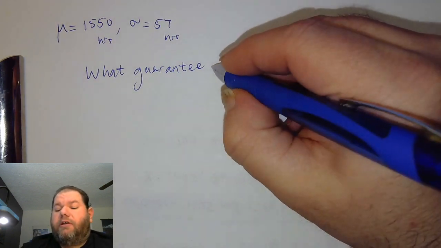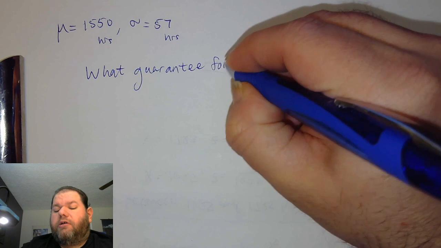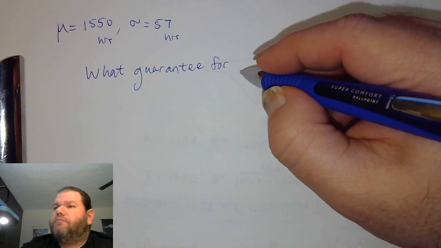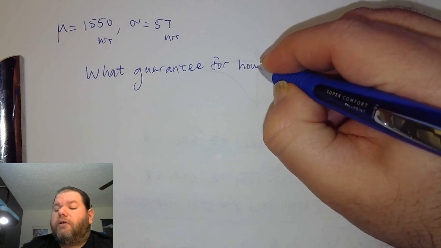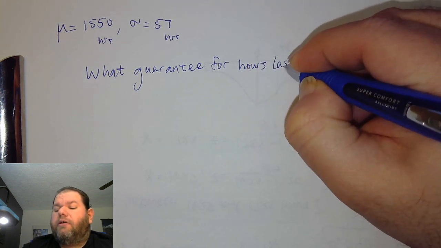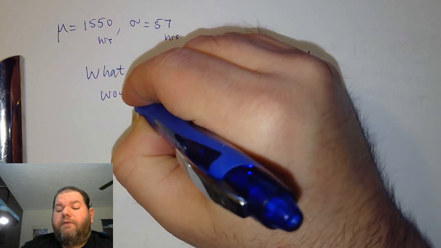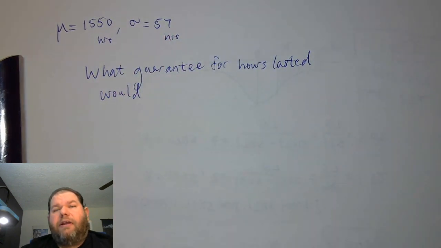What guarantee for hours lasted would the company have to give so that only 10% of the light bulbs last less than that amount of time.